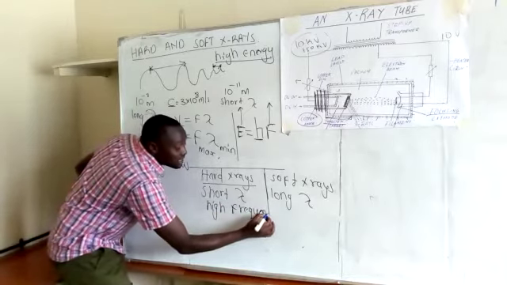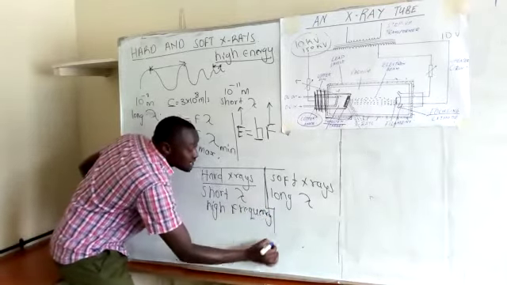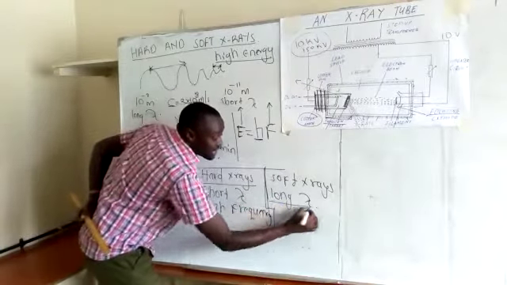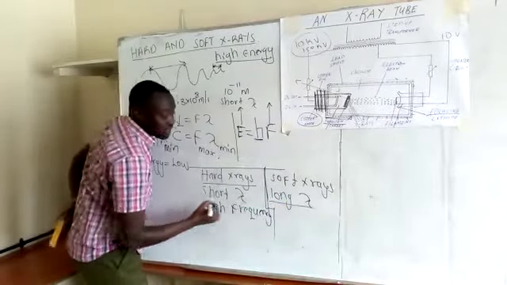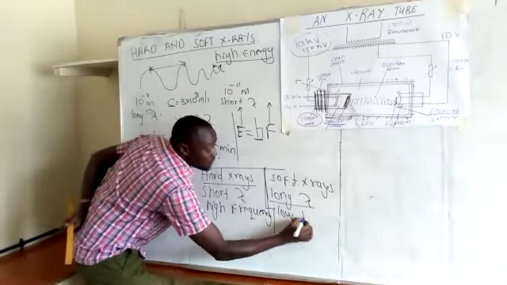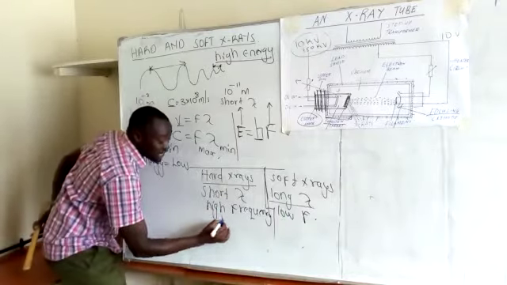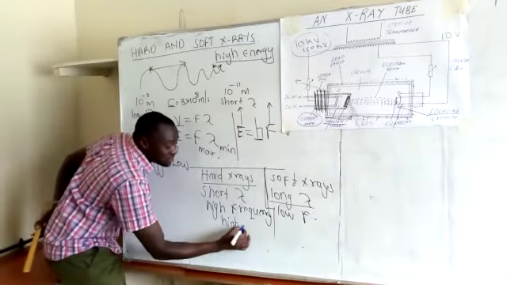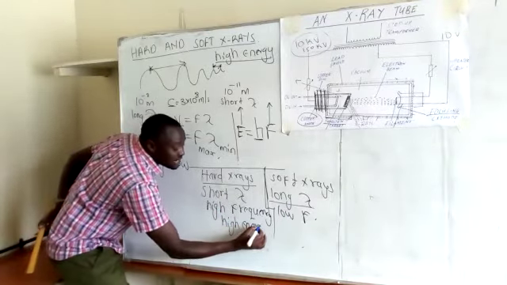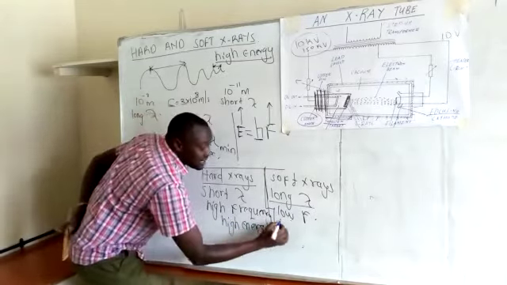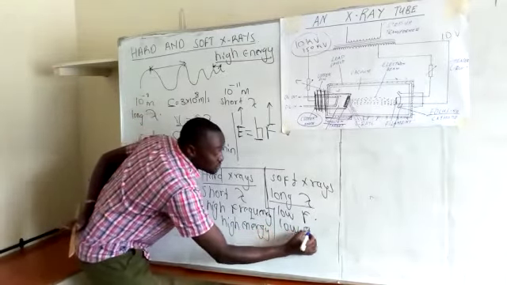On the other hand, the soft X-rays have a long wavelength, therefore they have a low frequency. Due to the high frequency, they have high energy. The hard X-rays have high energy. The soft X-rays have low energy.